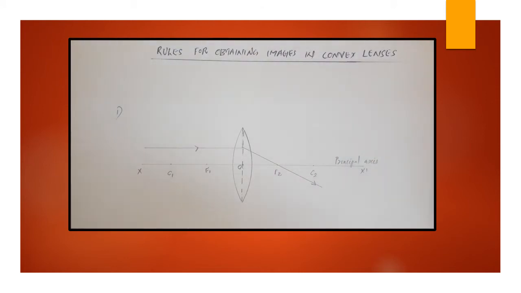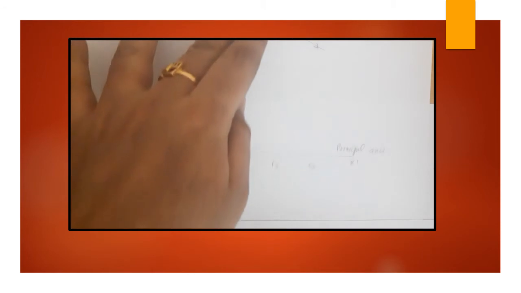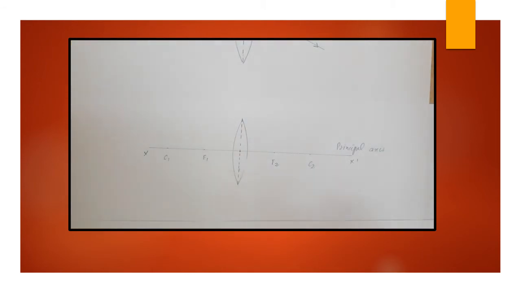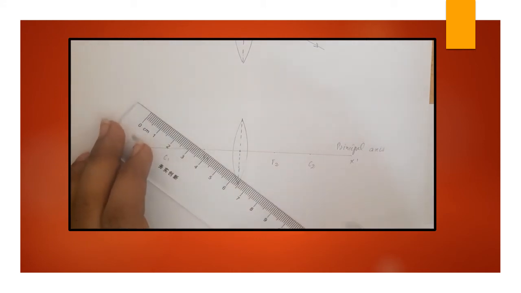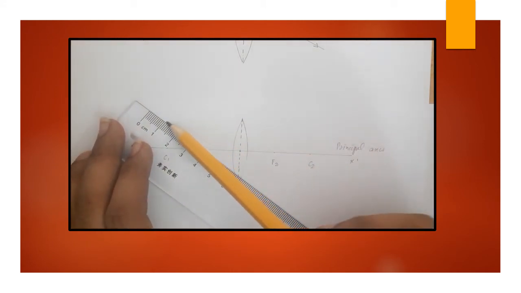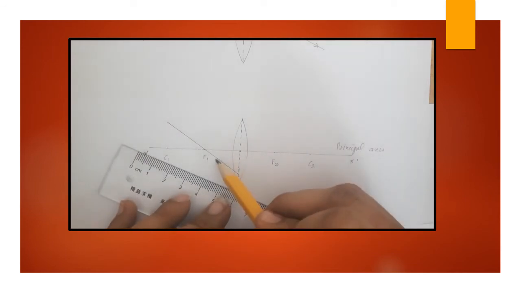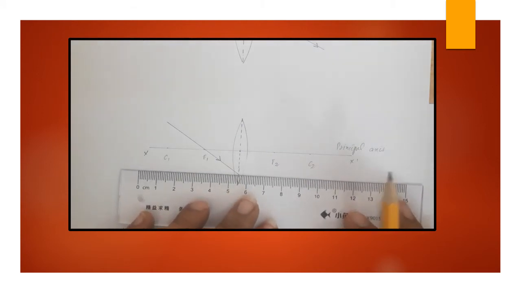Now rule 2. Again we have a convex lens. According to rule 2, a ray of light that enters through the principal focus, this is our principal focus, will emerge parallel to the principal axis after refraction.